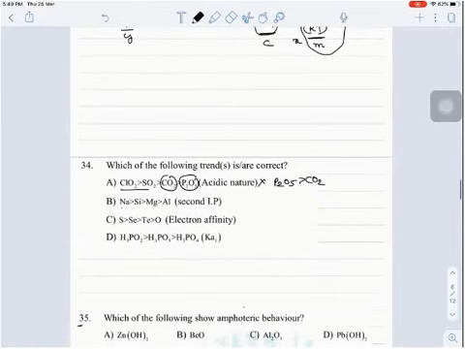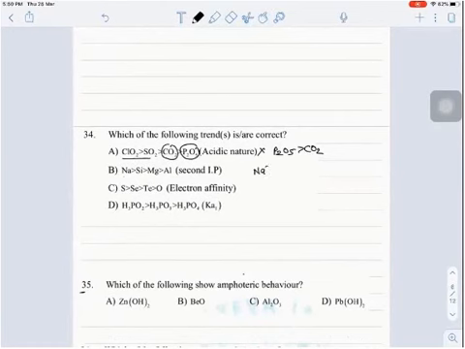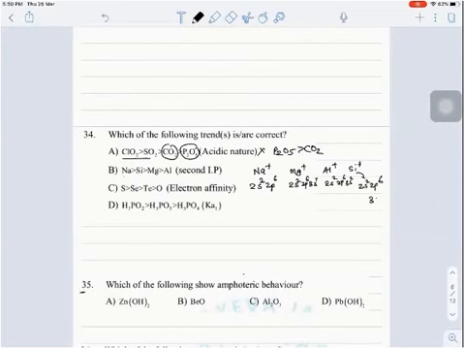Correct statements is asked. Second one is second ionization enthalpies of Na+, Mg+, Al+, and Si+. If you write the electronic configurations, Na+ is 2s2 2p6, Mg+ is 2s2 2p6 3s1, Al+ is 2s2 2p6 3s2, and silicon plus one is 2s2 2p6 3s2 3p1.